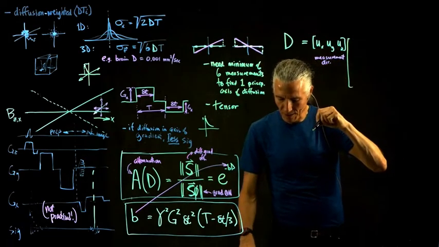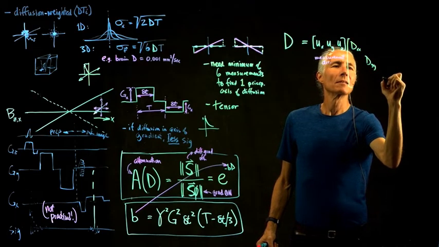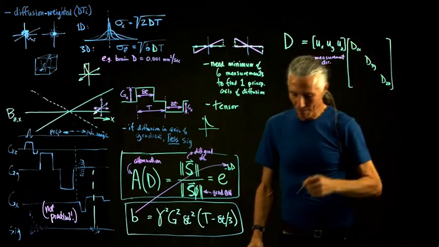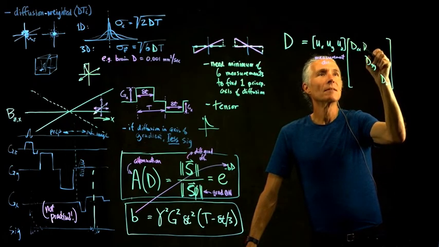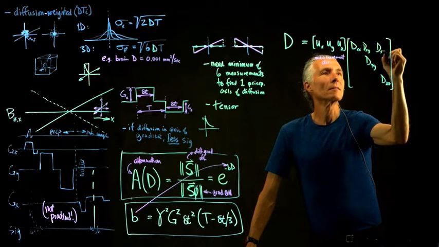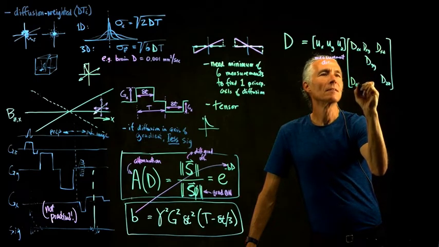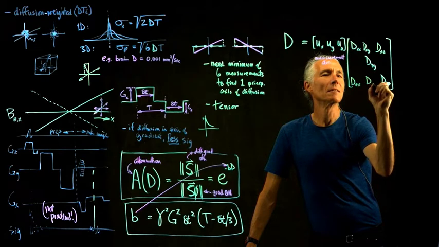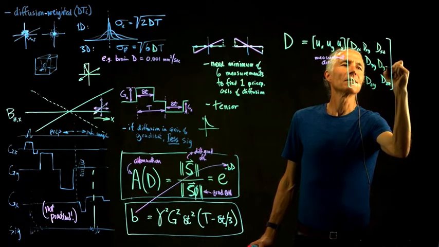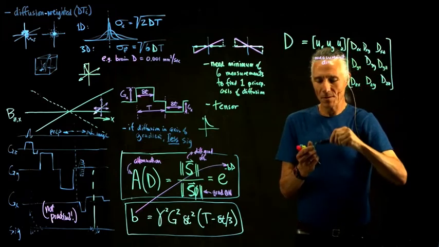Here's Dxx, Dyy, Dzz, so it's got 9 numbers in the tensor, and here's Dxy, and Dxz is the same as Dzx, and then there's Dzy and Dyz, Dyx. So this is a symmetric matrix.